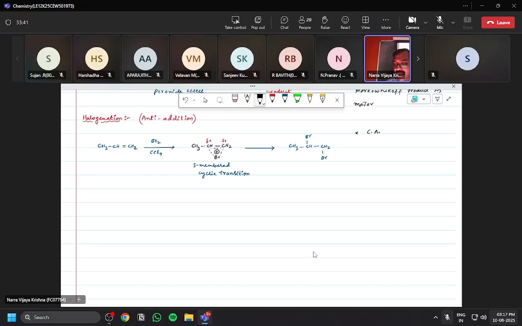Cis anti-addition leads to formation of racemic mixture. Correct, sir? If it is a cis alkene and you do anti-addition, then it leads to formation of racemic mixture. If it is a trans alkene, anti-addition leads to formation of meso product.